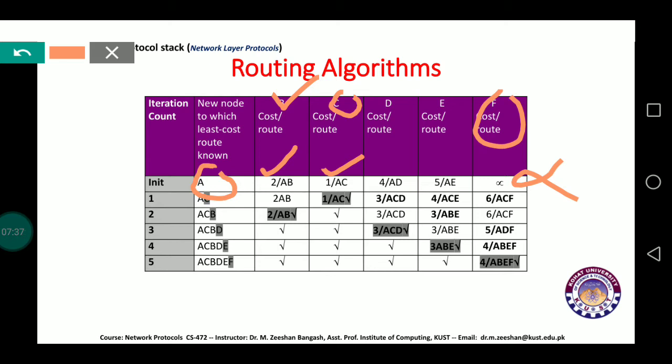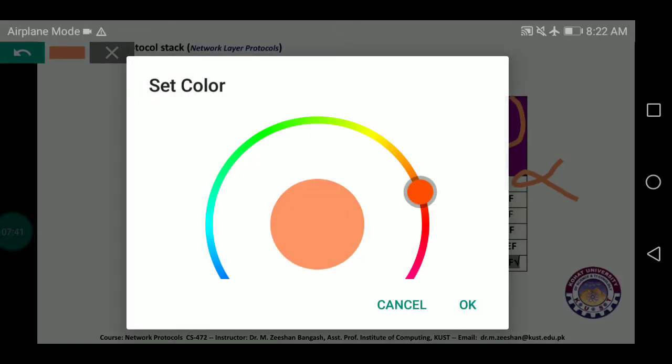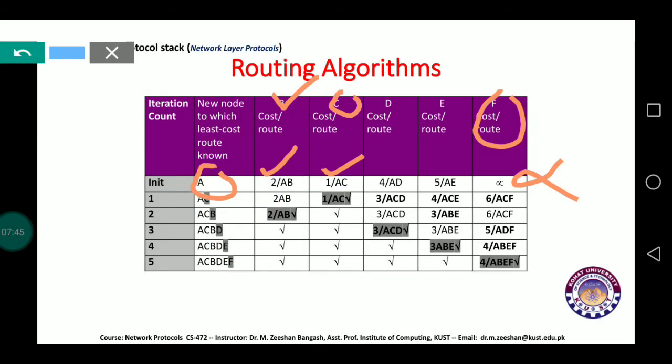Now, among this, if you just notice, among these route costs, AC is the least cost if you are at A and moving toward any of the links.